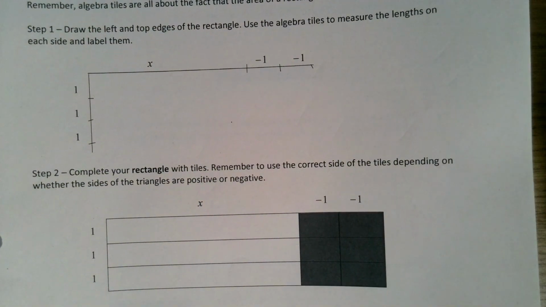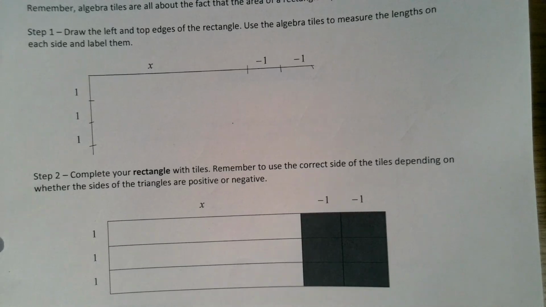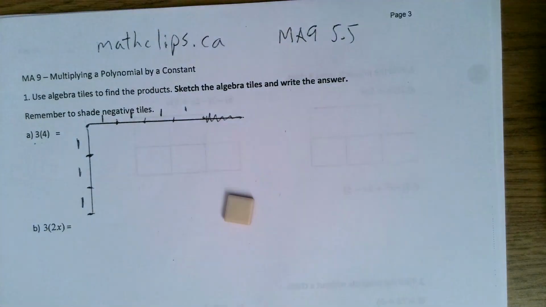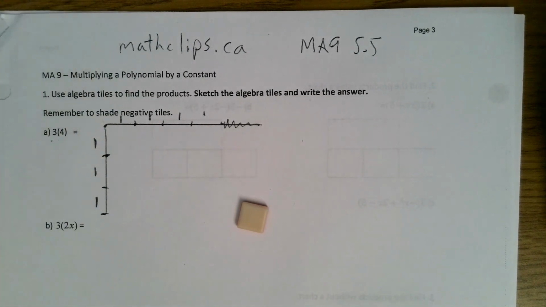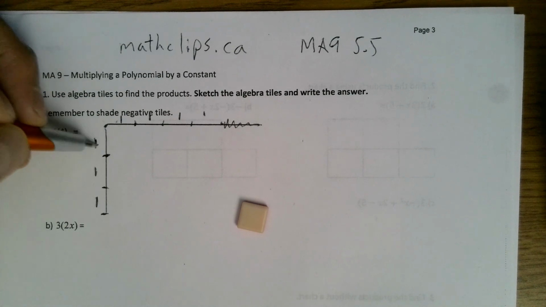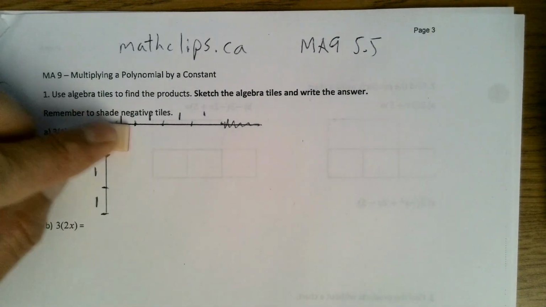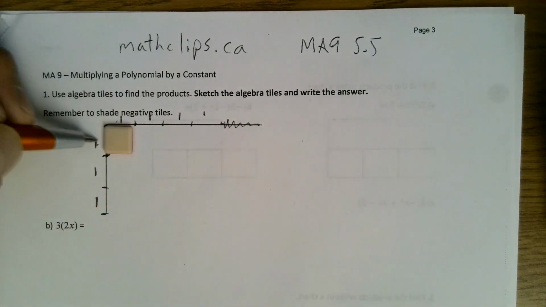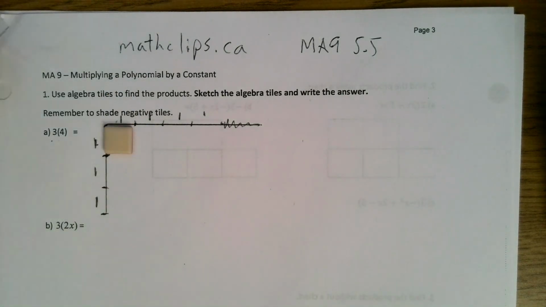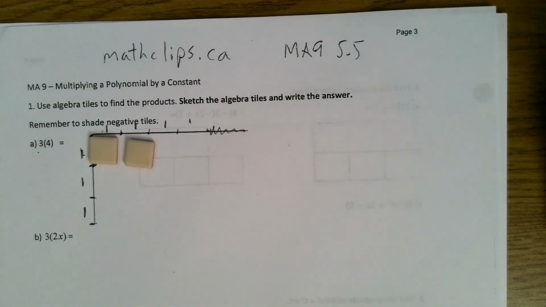Okay, step 2 says complete your rectangle with tiles. Remember we talked way back in 5.1 about the fact that algebra tiles are based on length times width. So here I've got a length of 1 and a width of 1, which means my area is going to be 1. And again here I've got 1 times 1 is going to be another 1, and obviously these are all going to be 1s.